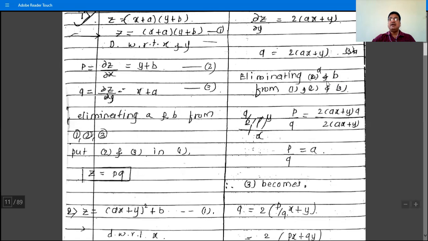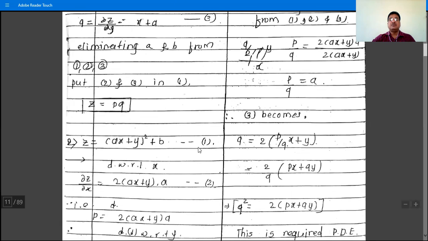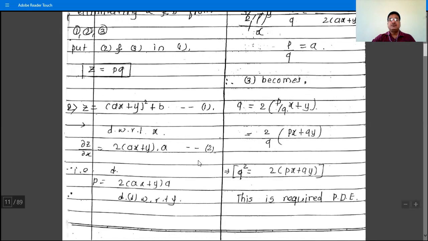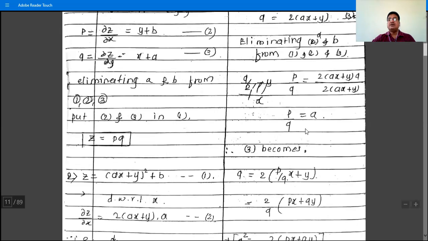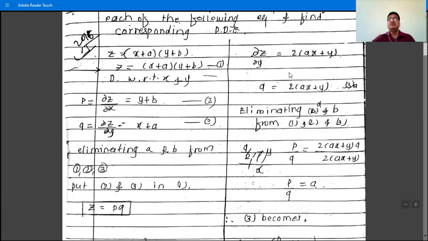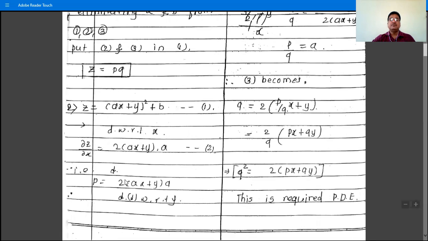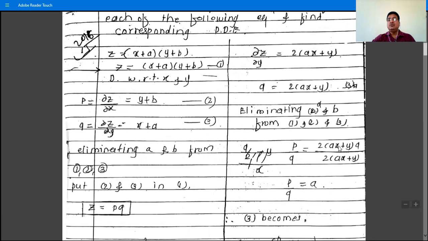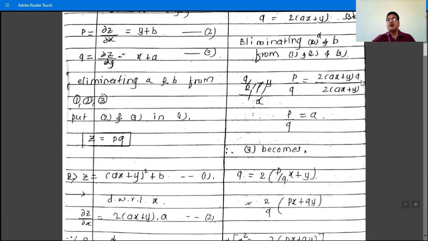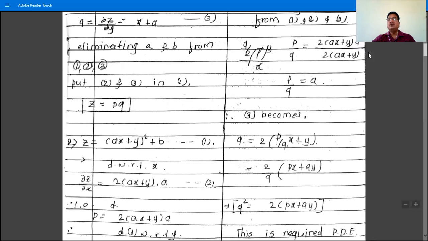And we have to eliminate a and b from equations 1, 2 and 3. Dividing 2 by 3, we have p by q equal to 2(ax plus y) into a divided by 2(ax plus y). So a is equal to p by q.